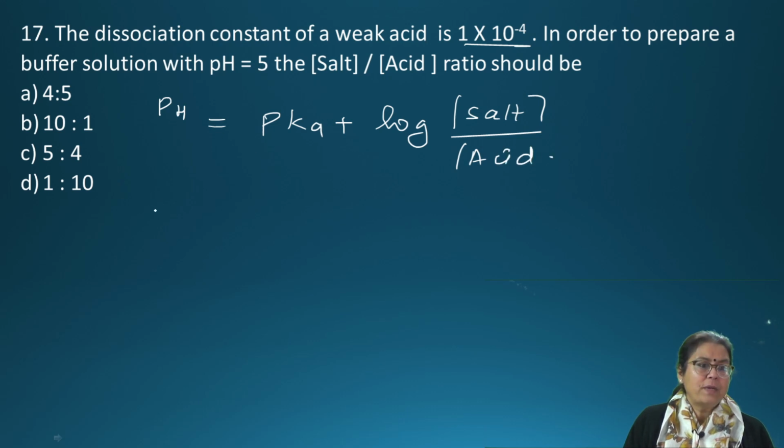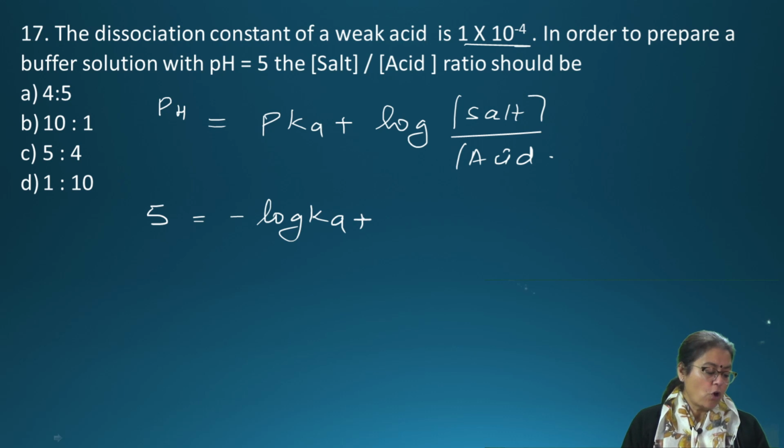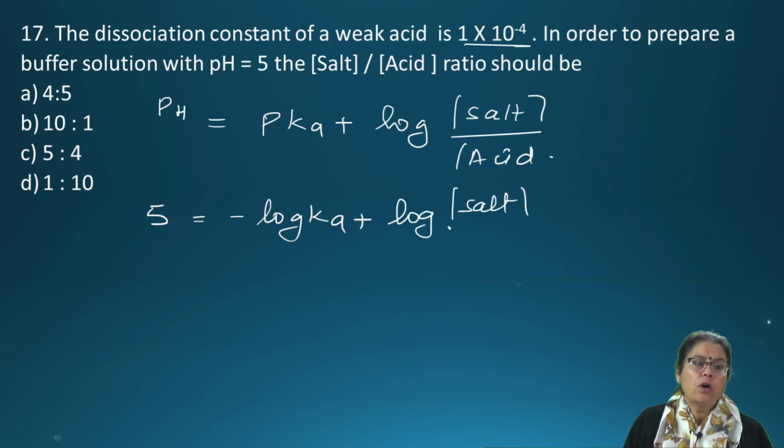ठीक है. सो pH हमें कितना दिया है 5, माइनस pK की वैल्यू क्या आ गई, माइनस log of Ka प्लस log of salt upon acid. Ka की वैल्यू भी हमें दे रखी है. ओके. प्लस log of concentration of salt upon concentration of acid. So let's put the value of Ka over here.